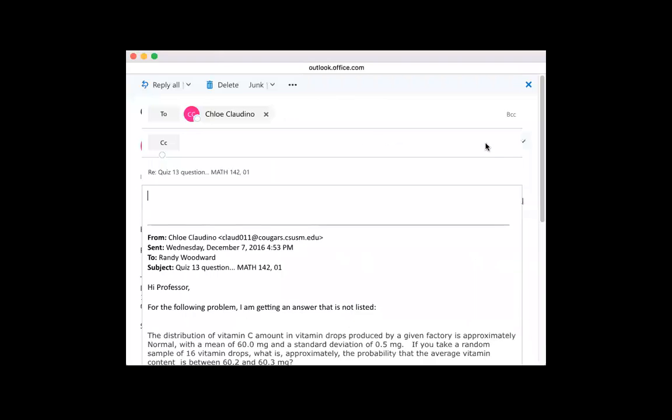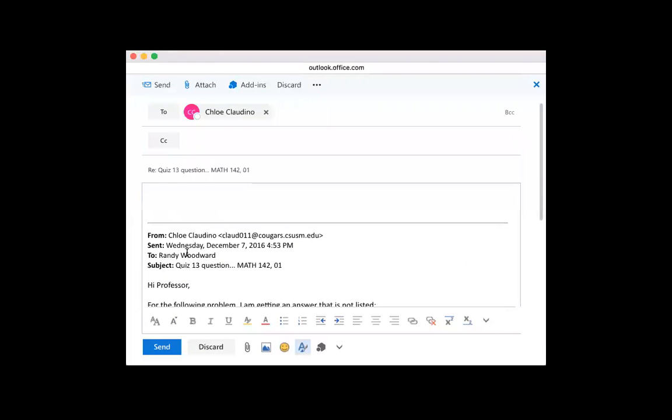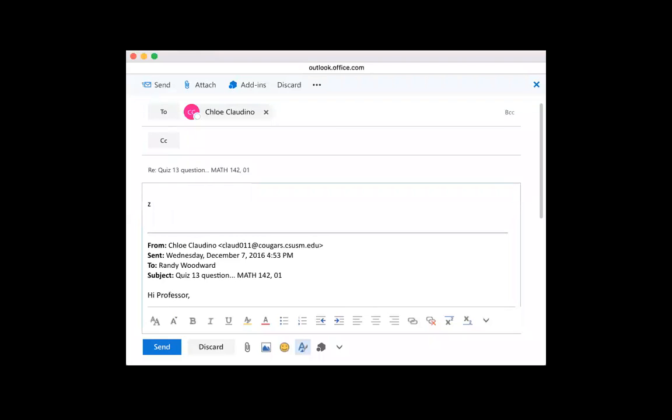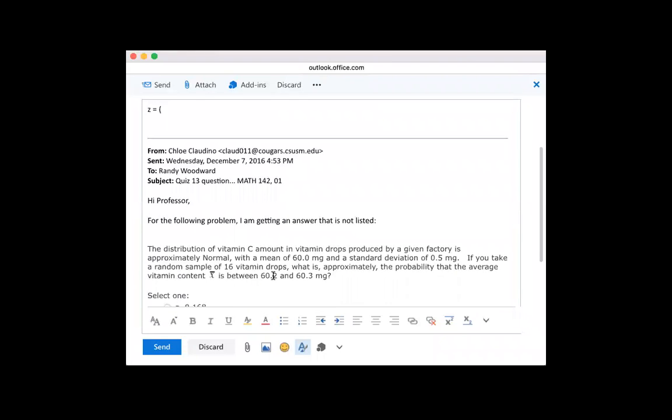I think I can write here, yeah. So we'll write Z is equal to, we take the upper bound of one of these, which is 60.3, minus the mean, 60, and divide that by the standard deviation, 0.5, divided by the square root of 16.